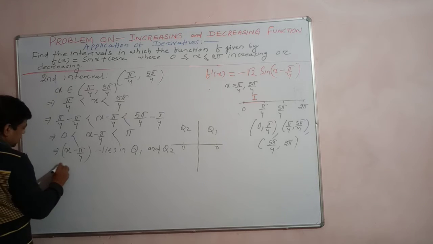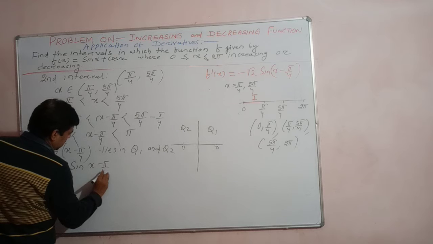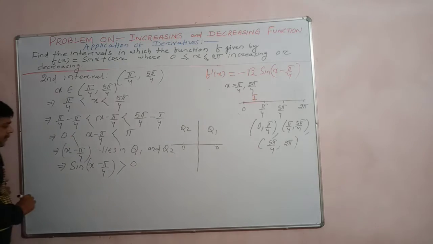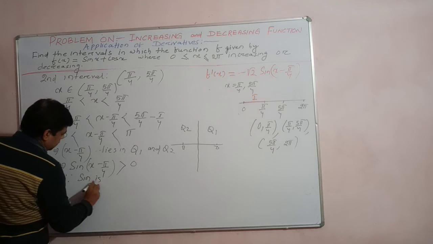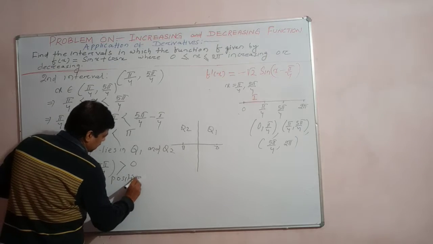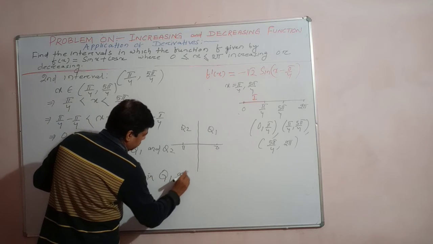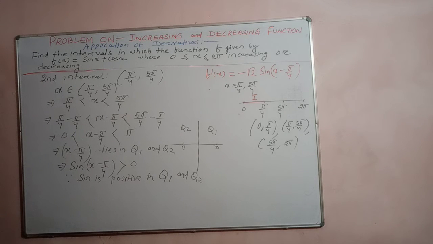That implies sin of x minus pi by 4 is greater than 0. Why? Because sine is positive in the first quadrant Q1 and second quadrant Q2.